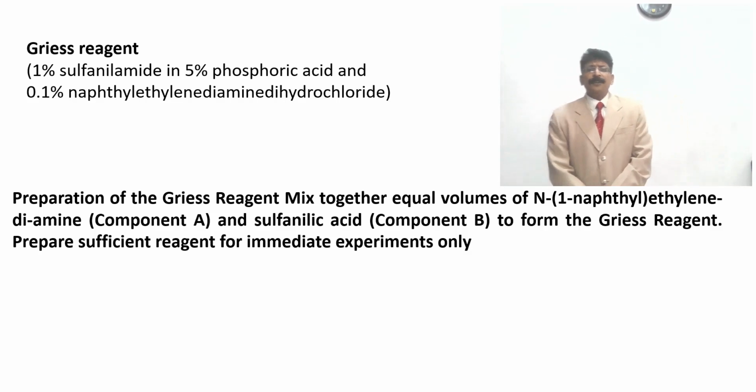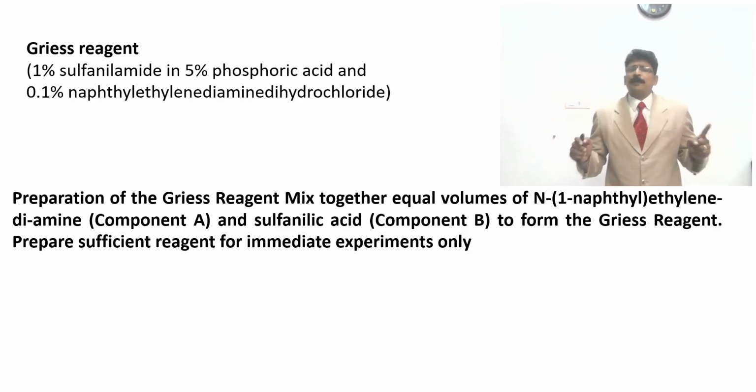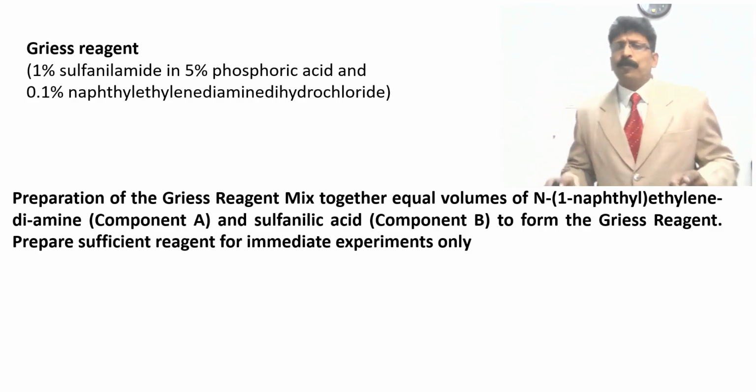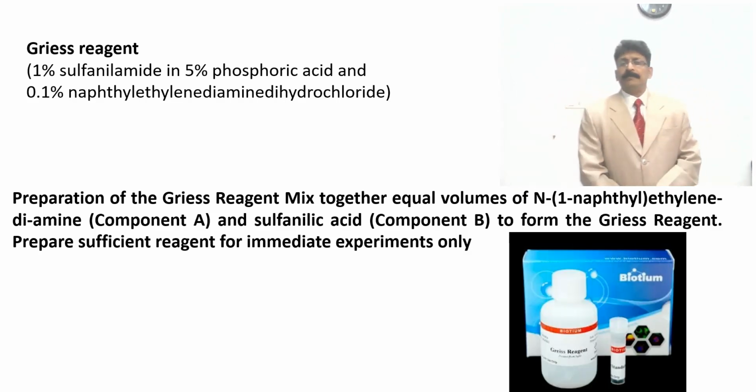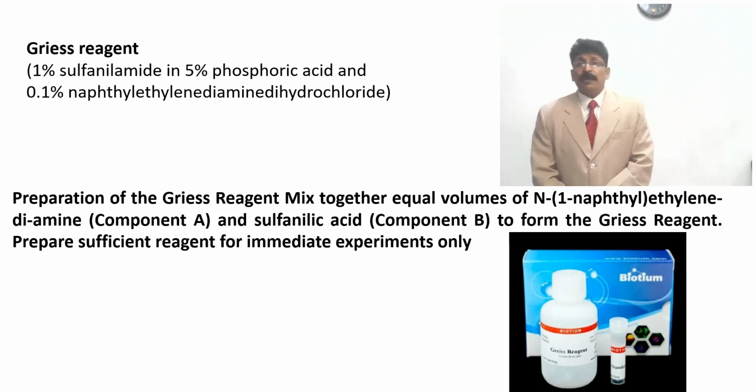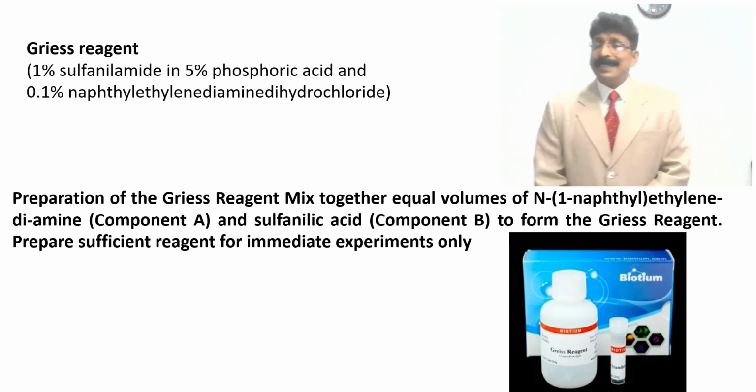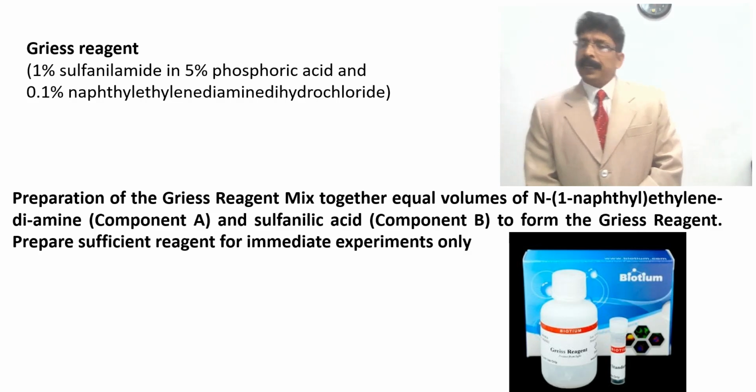Prepare sufficient reagent immediately when your experiment is started. Freshly prepared is very good. Ready-made reagent is also available. Most of the students might have gone for the ready-made reagent, I hope. So it is also possible for you to go for this experiment.